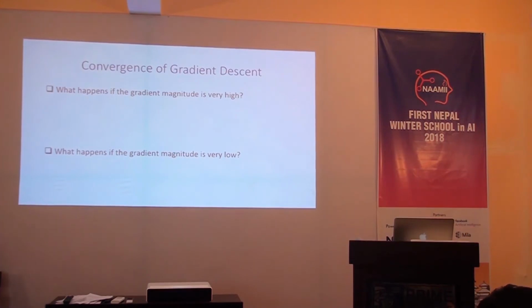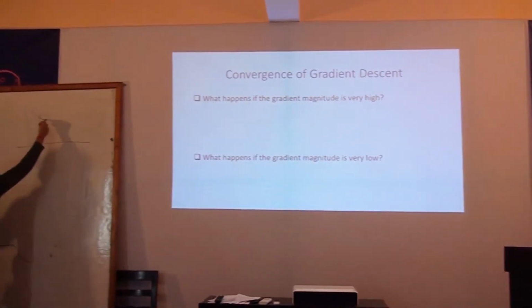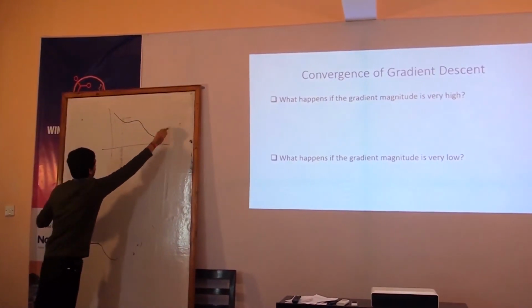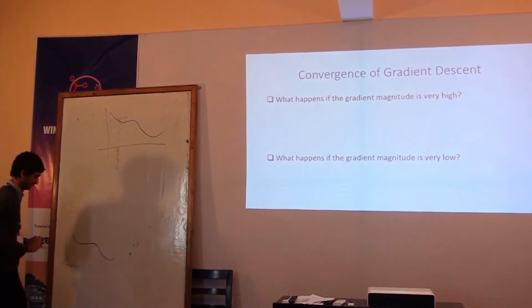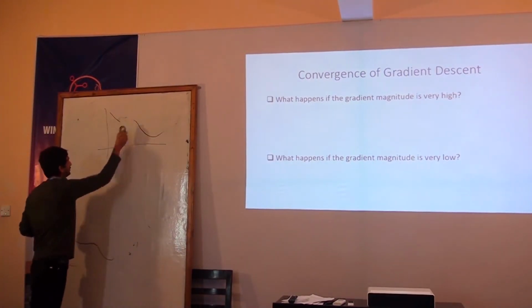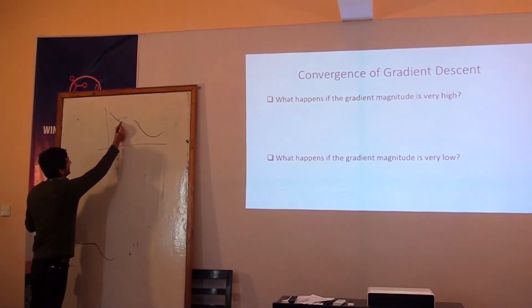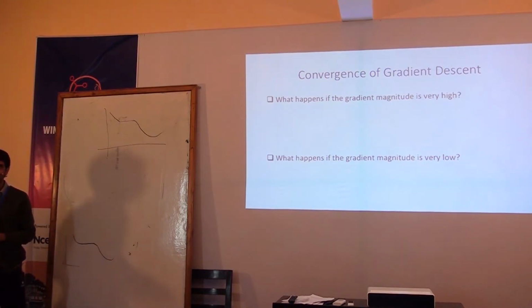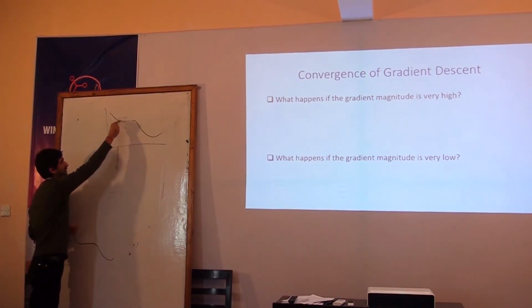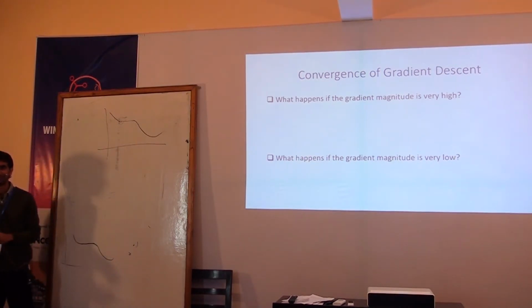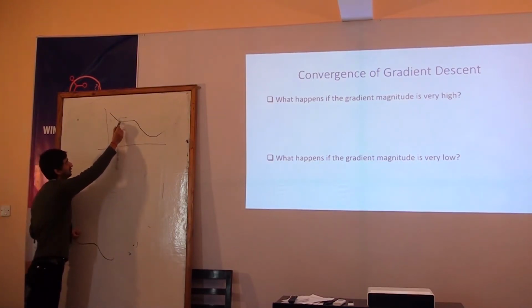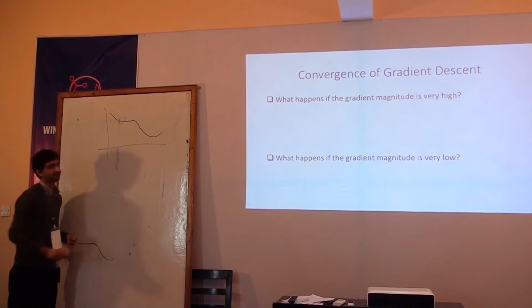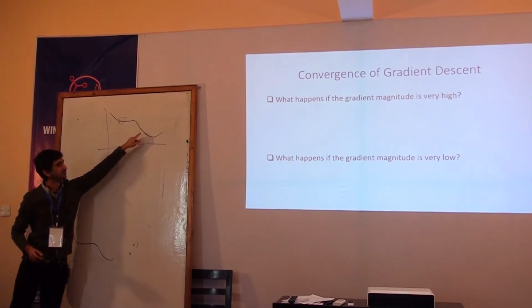So you have this, and there is no local minimum. Yeah, it will get stuck right over here, right? Also, if this gradient is very low, even if this is not a straight line, it will take forever to go from here towards here, because the gradient magnitude is very low.